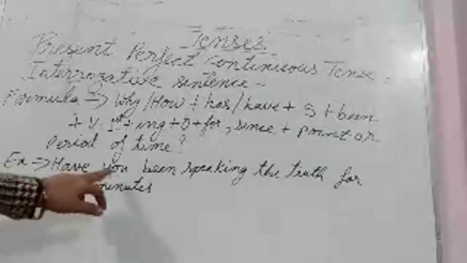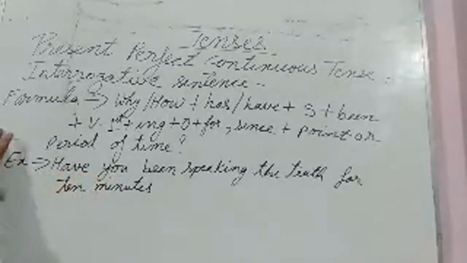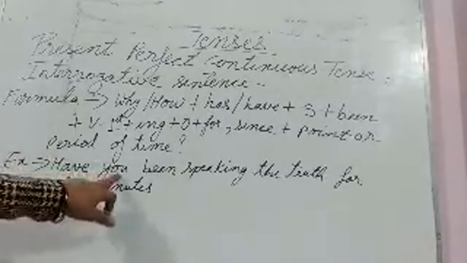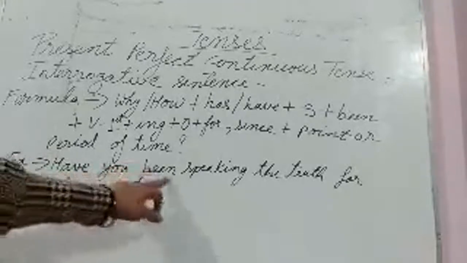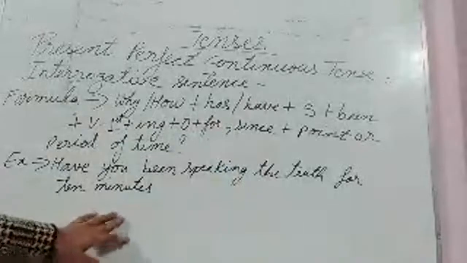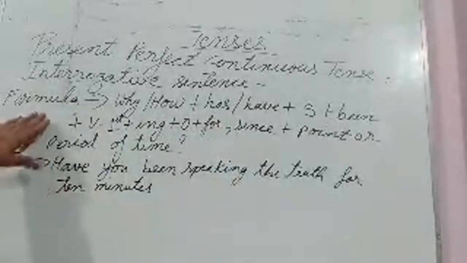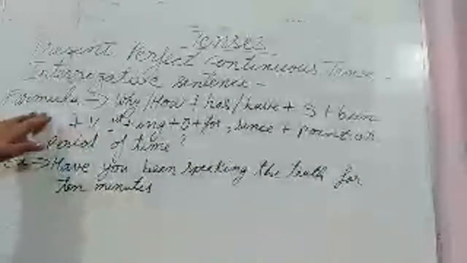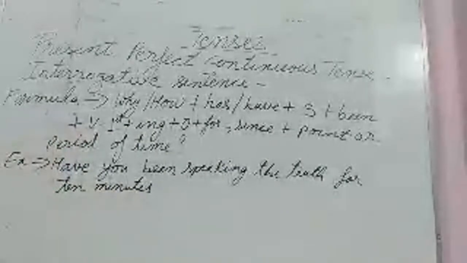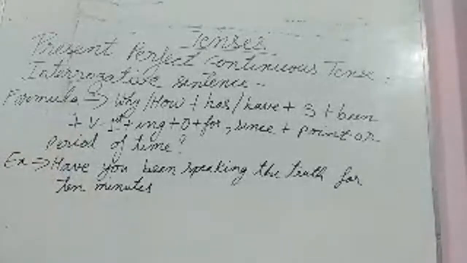Here, as it is a question, have you is your subject. Been speaking, your speaking is the verb of first form. The truth is your object, for 10 minutes. So this is the example related to the formula given in the interrogative sentence in present perfect continuous tense. Have you been speaking the truth for 10 minutes? This is the example. Let's see the next example.